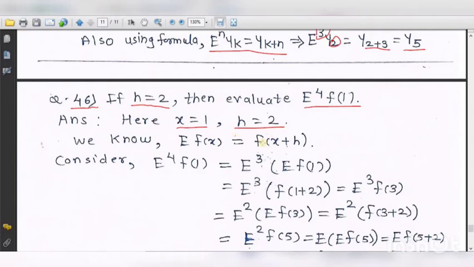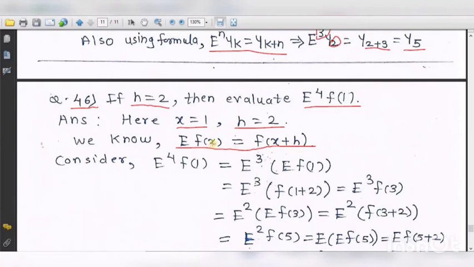Okay, so now we will use the basic definition. As here it is given in the form of function f, we will use the definition for function f. If it is given in the form of y, then use this formula, E raised to n y_k equals y_{k+n}. And if it is given in the form of f(x), then use this formula. This is actually the basic formula for the shift operator: E f(x) equals f(x+h).